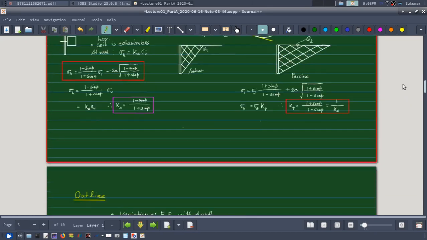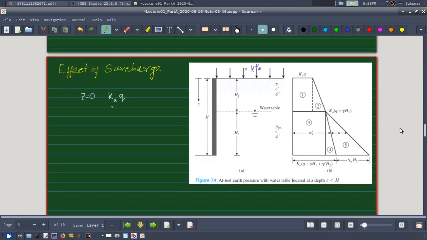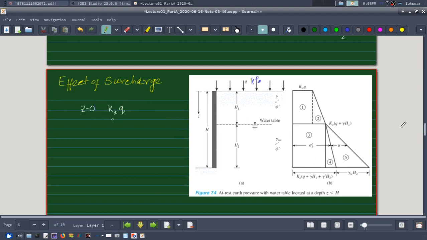Okay, example we will take later on. Okay, so this is how the earth pressure diagram changes due to the presence of surcharge. Okay, so that's the effect of surcharge.